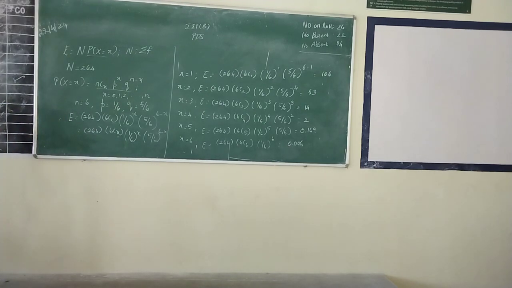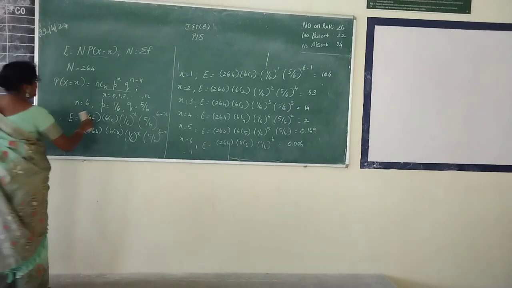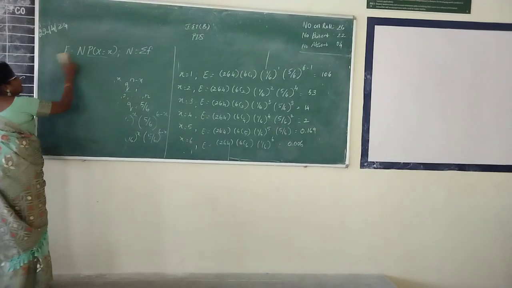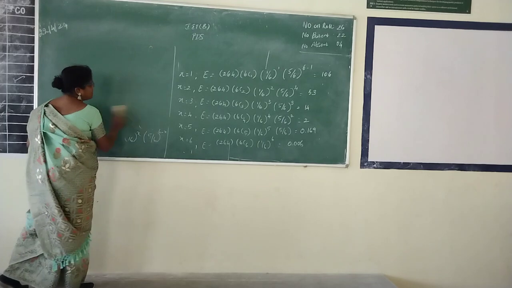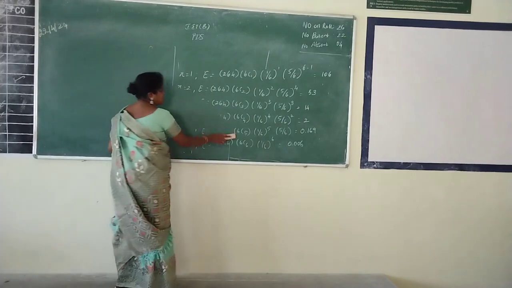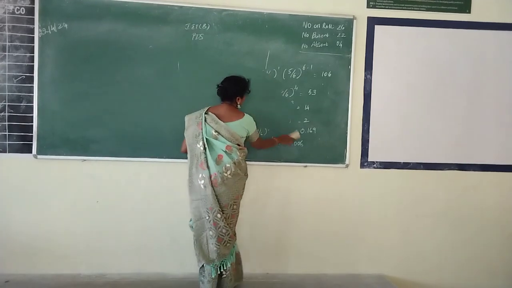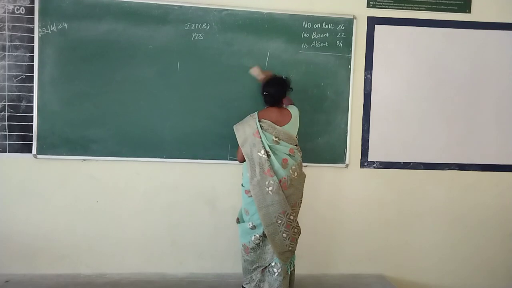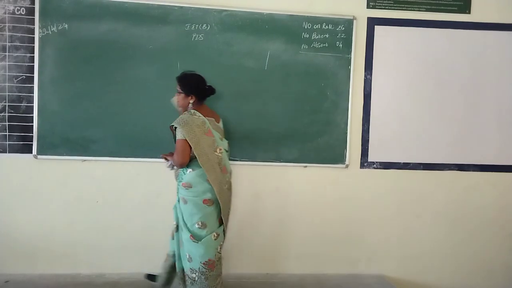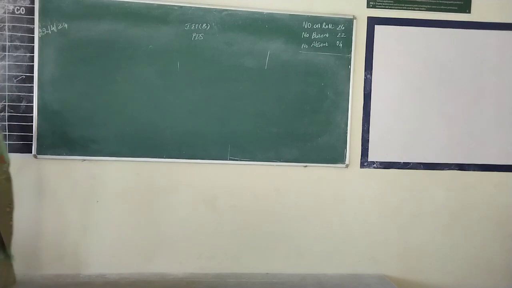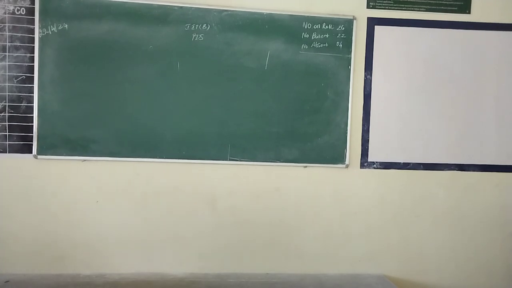Before going to the next problem, make an important note. No cell frequency should be less than 5. I also told you this in the last slide.